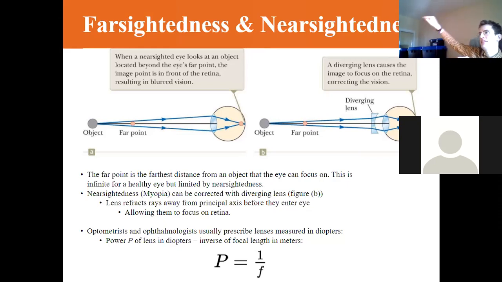If the focal length is really big, it's a smaller angle, so the glasses are not as curved. In other words, if your glasses have very low power, the focal point is really far away, so your glasses look almost flat. But if your glasses are very curvy, they have a very short focal length and much stronger power. Basically, the worse your vision is, the curvier your glasses, which is why my glasses are super curvy.